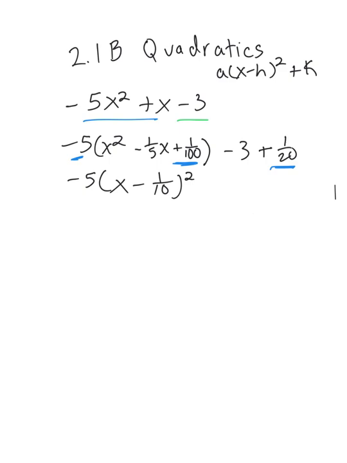If we think about negative 3, that's negative 60/20 plus 1, so that is minus 59/20. So that is our standard form of our quadratic given a larger number on the outside, and that's how we would do that.